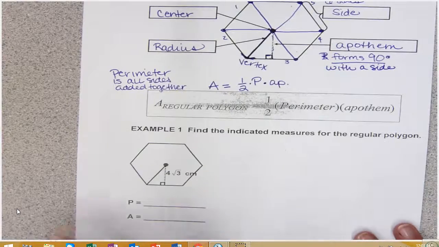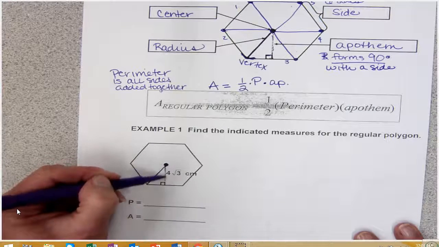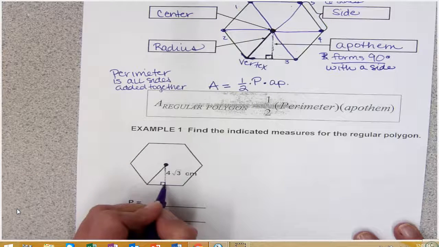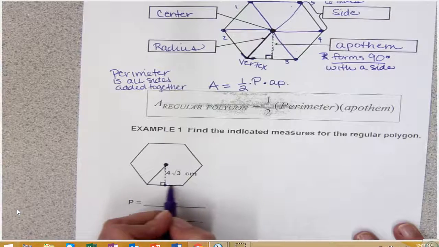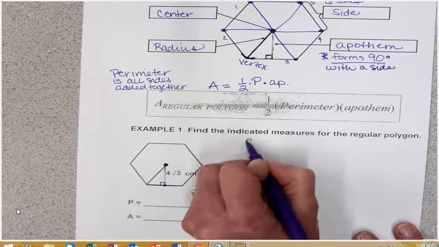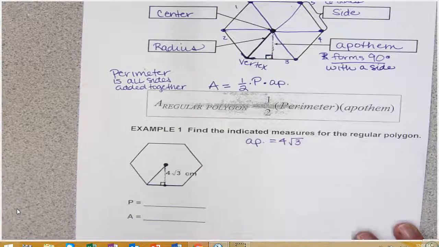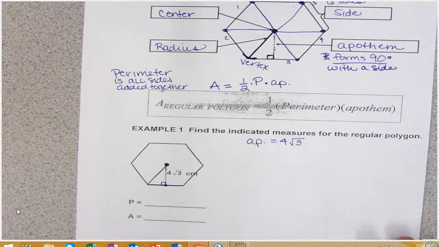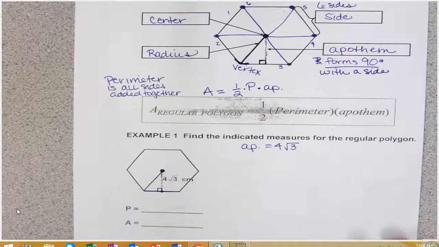All right, so in this situation, what do we have? We know what the length is from the center straight down to the side. That is all we know. So we know that the apothem is 4 square root of 3. That does not give us enough information, but let's see if we can figure out what we need to know.